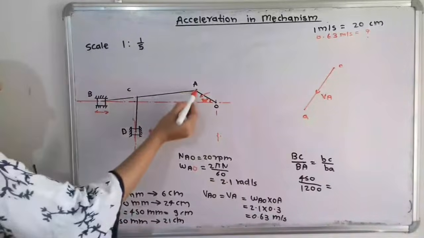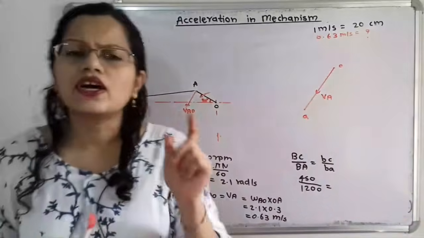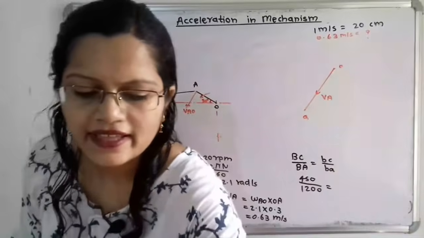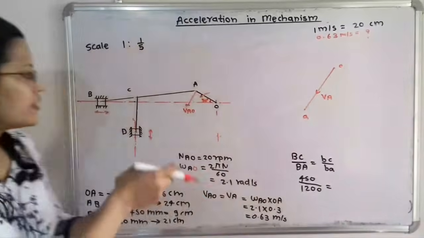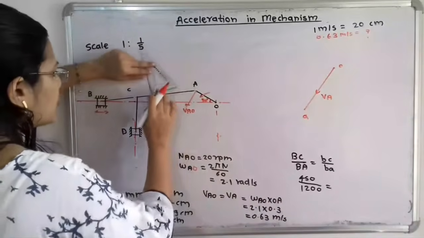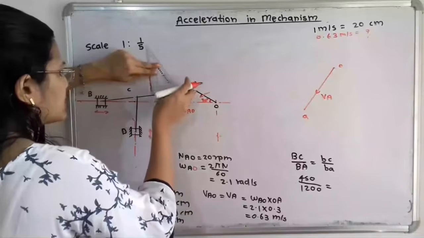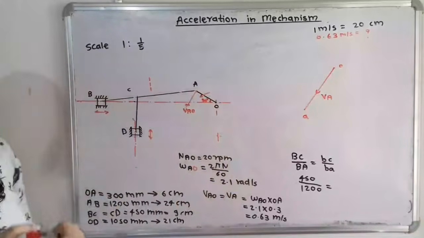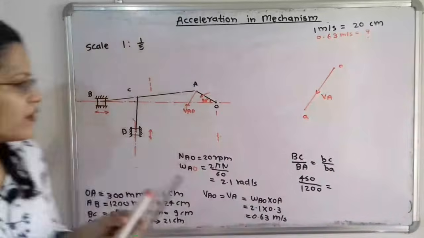Now we will move for the next. Now from point A there is the link AB. So again we have to draw the linear velocity. So we know that the direction of velocity is perpendicular to the link. So I will draw here one line perpendicular to link AB. So this is the construction line. So parallel to this line I have to draw one line. But currently I don't know where is the direction of the velocity.